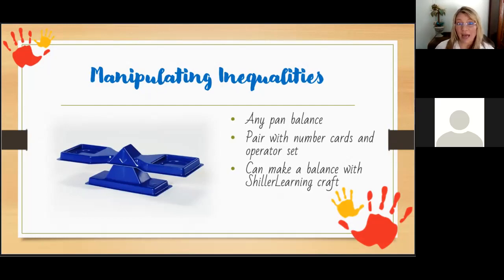You'll be able to actually make a pan balance that they'll be able to do those same things with. So be sure to check out the balance craft in that bonus craft section. Even if you have Math Kit 1, your child is still probably going to have a good time with that balance activity. And then again, use that in pre-algebra or algebra 1 for demonstrating that you have to keep both sides of that equation the same by doing the same thing.